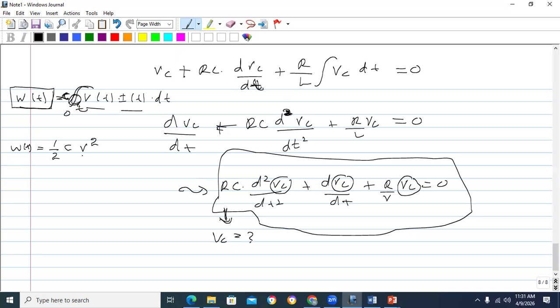So V, you know what is the V. If you know the VC, then you can find the power through the capacitor, the energy stored in the capacitor. In this way, you can use either this equation or this equation, then find the energy.